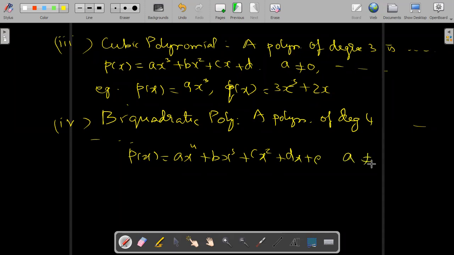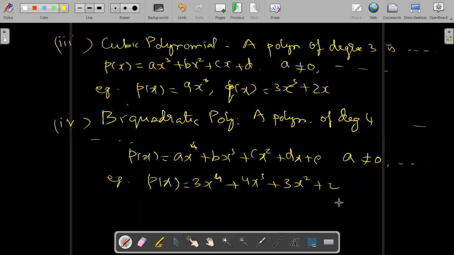A should not be equal to 0 and a, b, c, d are real numbers. For example, px is equal to 3x to the power 4 plus 4x cube plus 3x square plus 2.